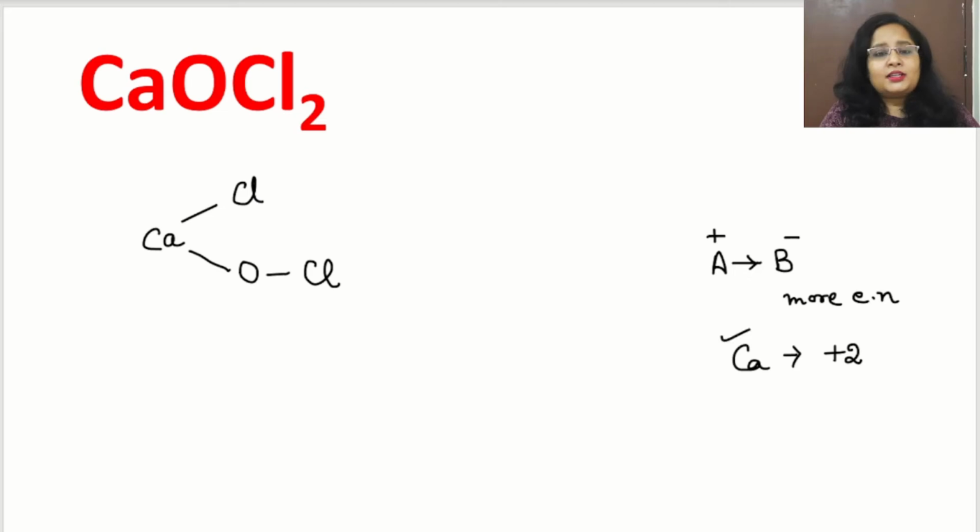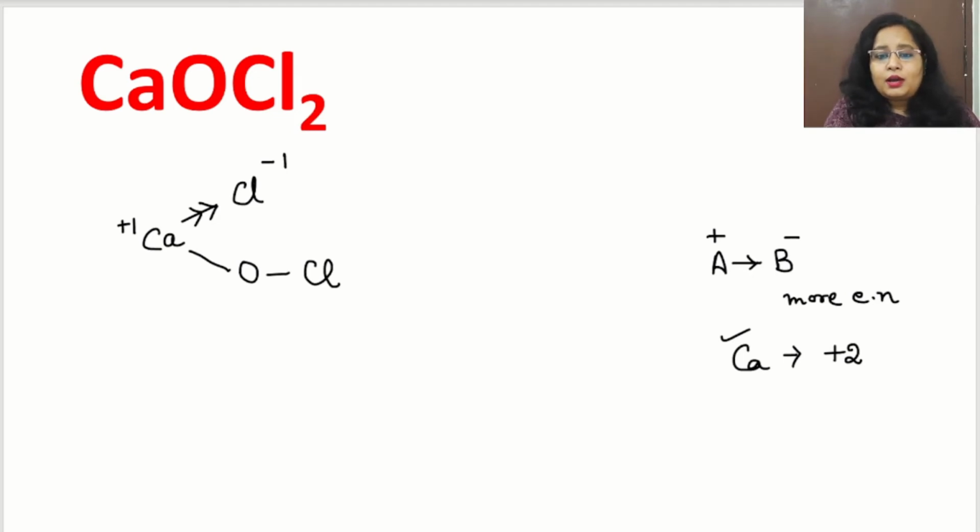We will prove this with this structure also. So in between calcium and chlorine, chlorine will be more electronegative than calcium. So chlorine will take the electron towards itself and become -1. In turn calcium will become positively charged, +1.